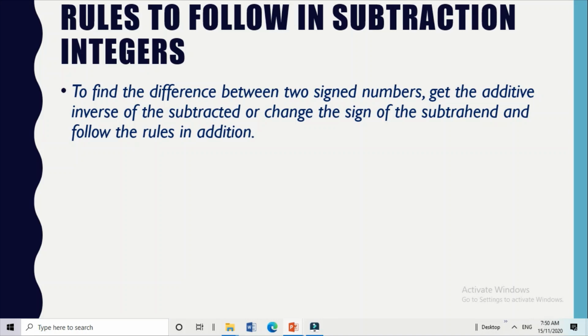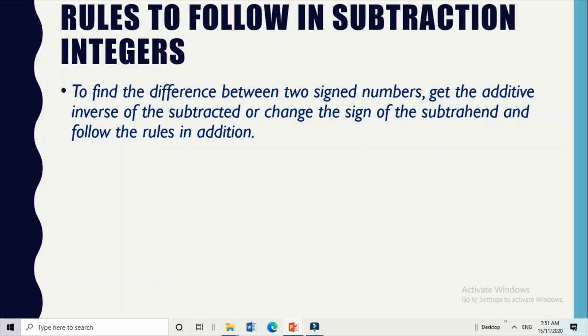So, para makuha mo daw yung difference between two numbers na may magkaibang sign, ang una mong gagawin, change the sign of the subtrahend. Ano ba yung subtrahend? So, yung subtrahend, yung number na nasa baba.